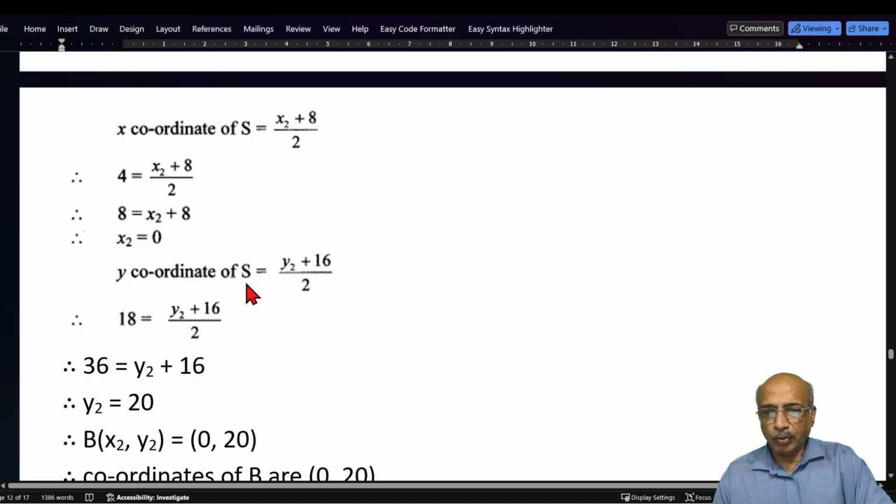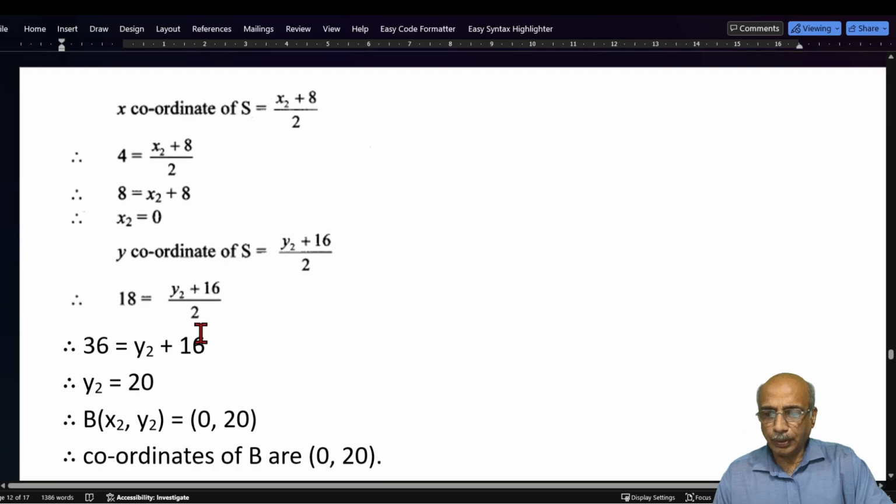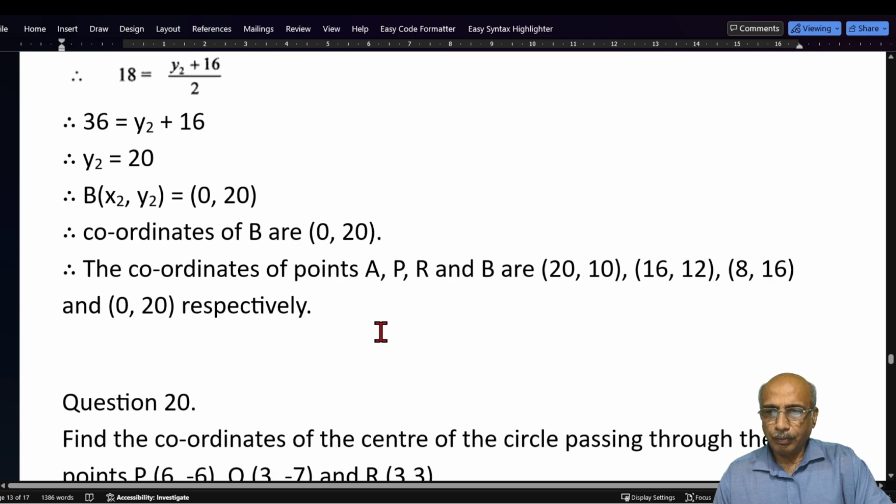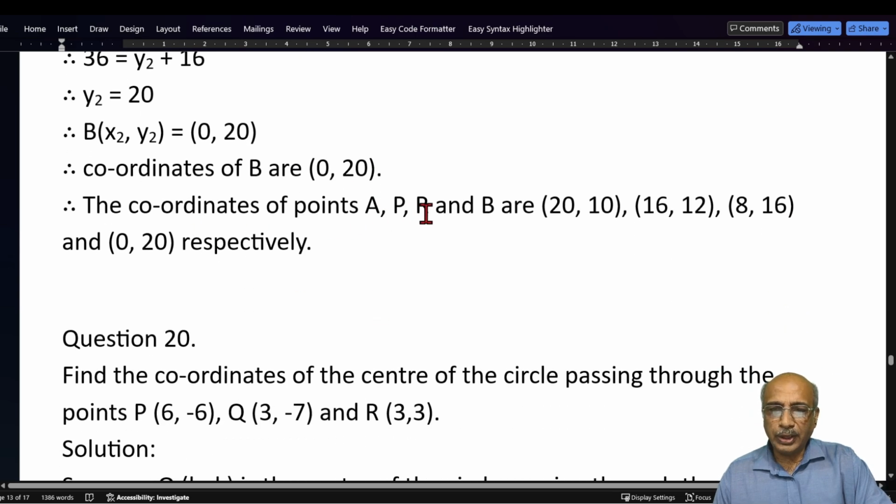Y coordinate of S is given 18 equals y2 plus 16 upon 2. Simplify it, y2 equals 20. Therefore, coordinates of point B, x2, y2 will be 0 and 20. The coordinates of the points A, P, R, B are 20, 10; 16, 12; 8, 16; and 0, 20 respectively.